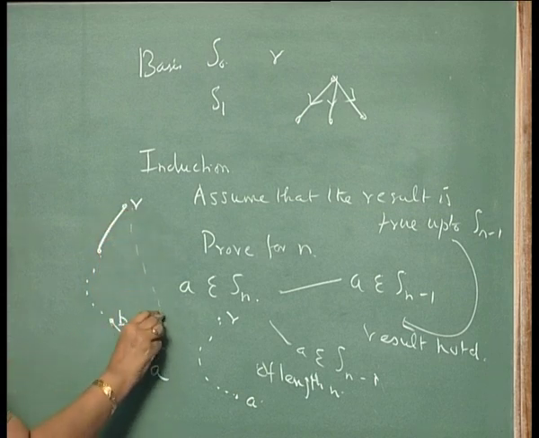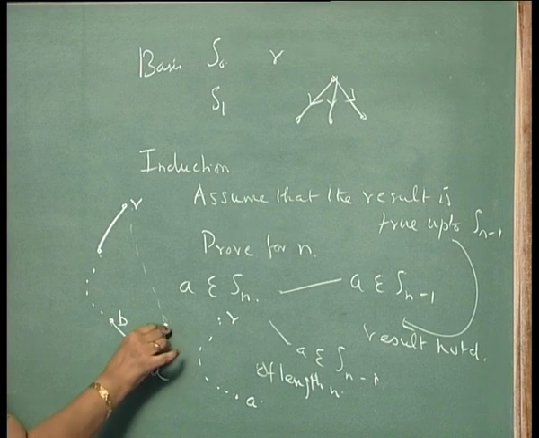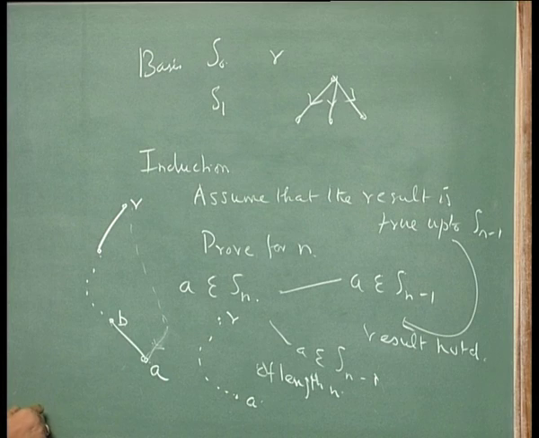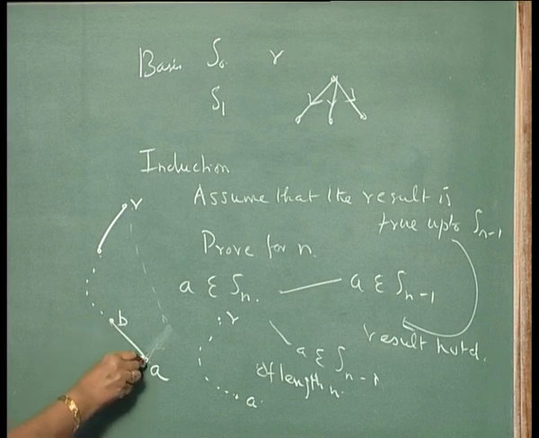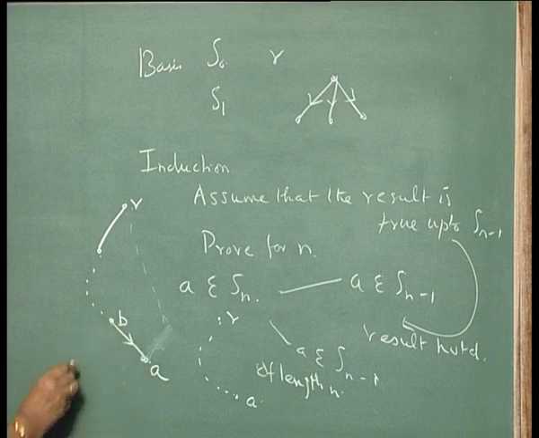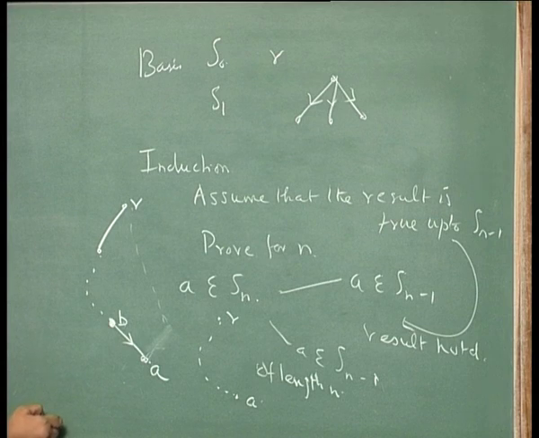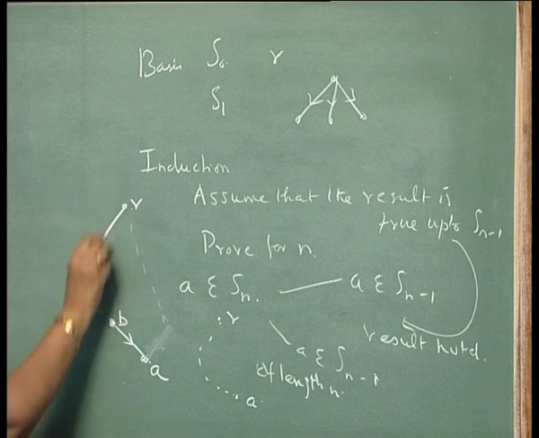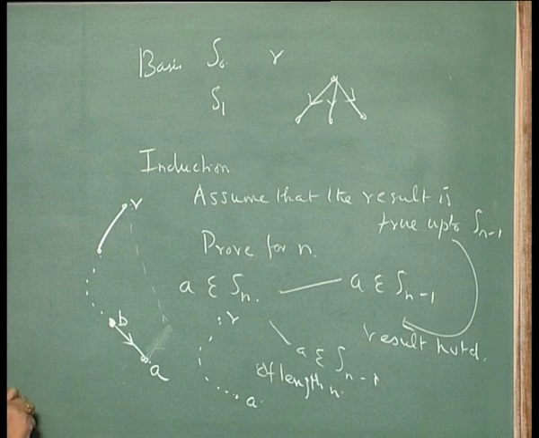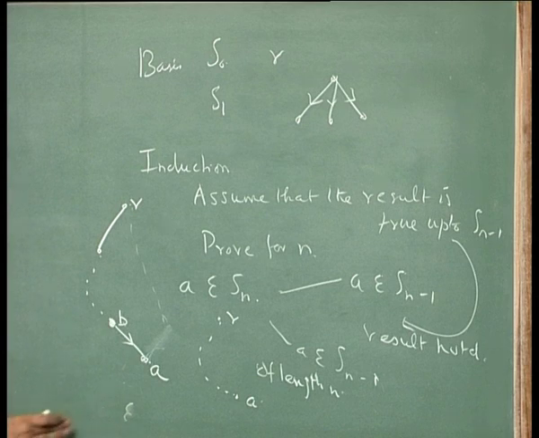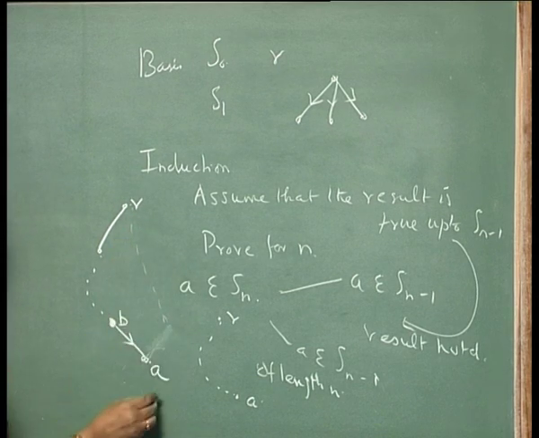Say if there is another path, then the indegree of this will be 2, but you can have only indegree 1 for this node A. So, indegree 1 means there is only one arc entering into A, and this node B will belong to Sn minus 1, that is the length of the path from the root to this node is n minus 1 and this path is unique. So, this path is unique. So, like that you can prove, and by the induction hypothesis the result is proved.